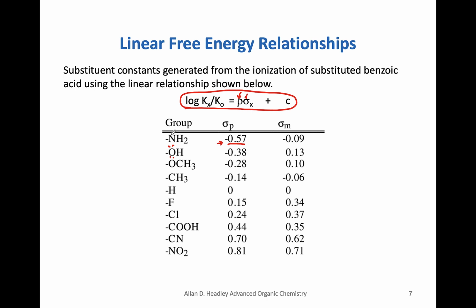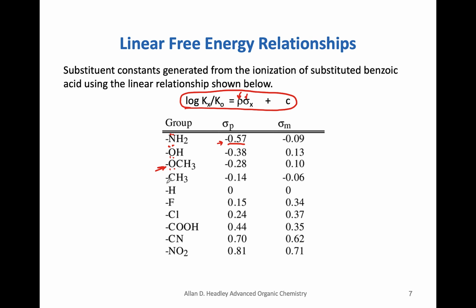This is also electron donating because it has a pair of electrons on the nitrogen. OCH3, here's the methoxy. Electron donating again, negative. Notice electron donating groups tend to be negative.